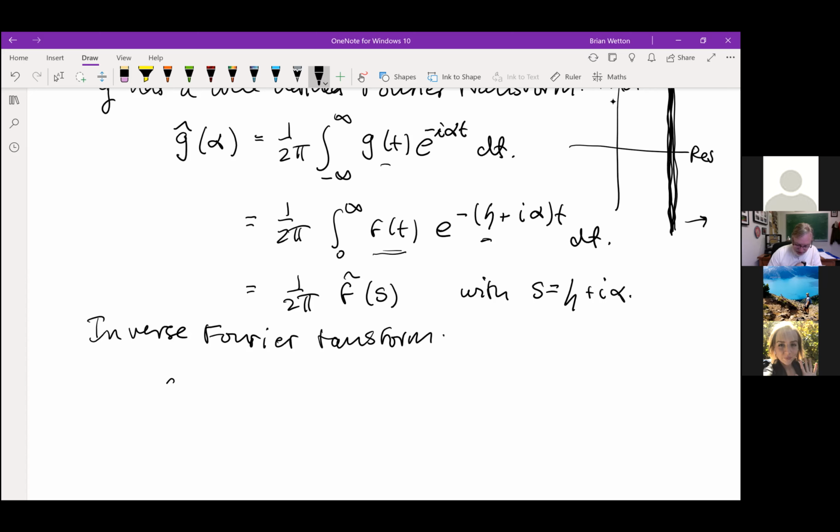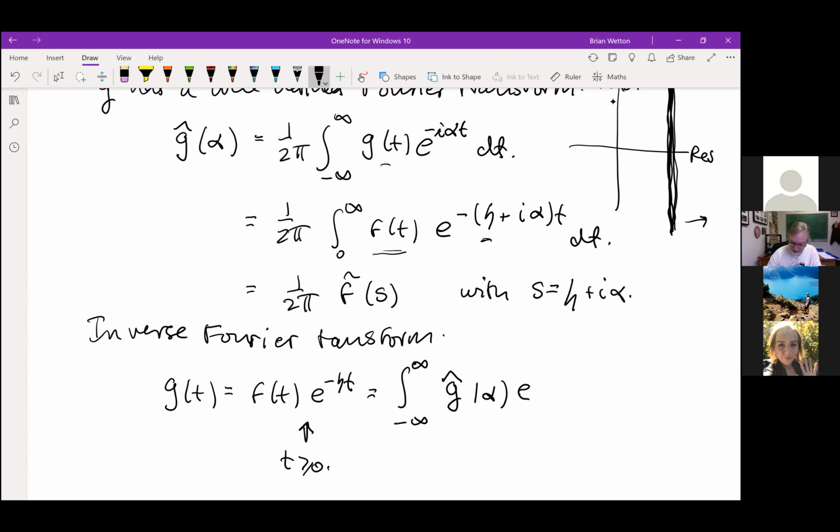Which would say that g of t, that's the thing that had the transform, that's f of t e to the minus eta t, defined for t bigger than or equal to 0, is just the inverse Fourier transform. That's g hat of alpha e to the, okay, I got a minus here, so I'm going to have a positive sign here. I got the 1 over 2 pi here, so I've got a 1 here, d alpha.